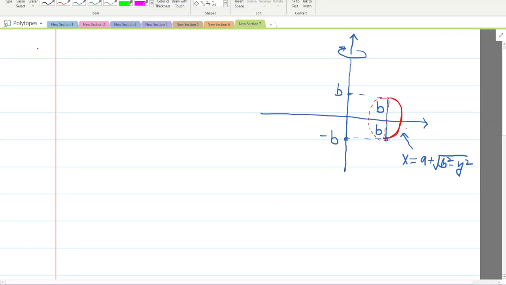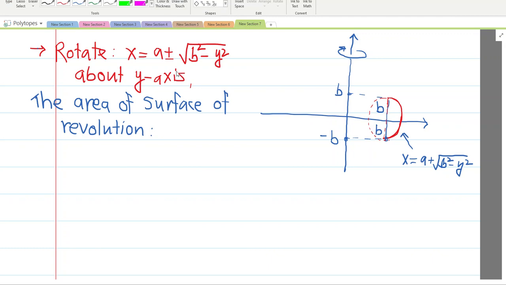Okay, so let's do first the part that we get when we rotate this right half circle. So this right half of the circle, if we rotate about the y-axis, we get the first part of the donut.